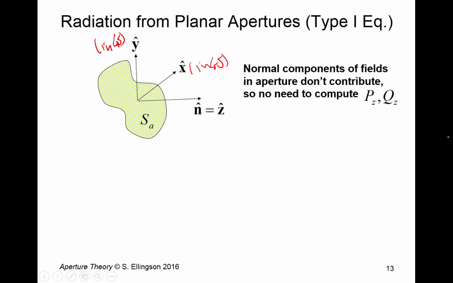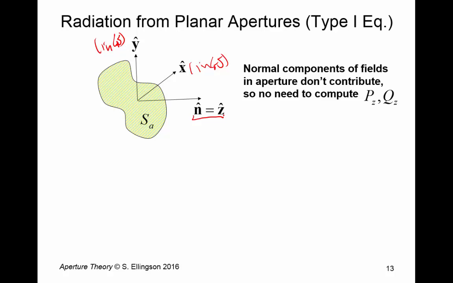You'll notice, once you set up the problem this way, that the normal components of the fields in the aperture don't contribute. What do I mean by that? Any component of the magnetic or electric field in the aperture which has a z hat component, well, when I take n cross that component, I'll get 0, because the cross product of any two vectors that point in the same direction is 0, right?